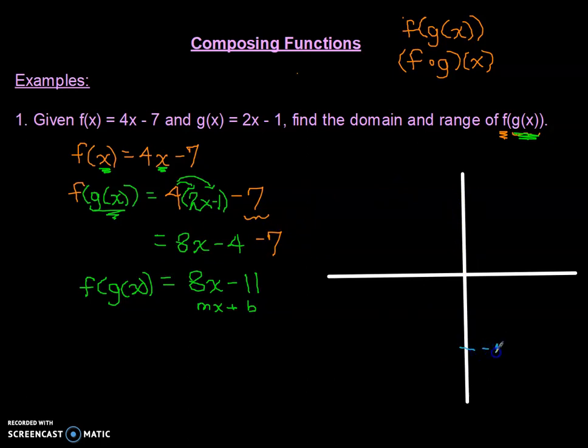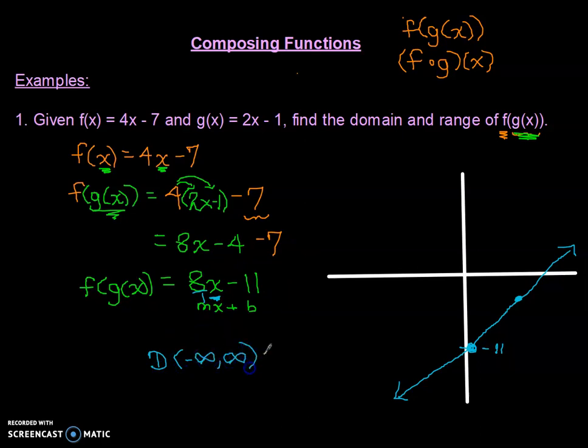Okay, so there's the y-intercept, negative 11. And the slope is 8 over 1, so I'm going to go up 8 over 1. It's just a little sketch, nothing exact here, but this is what the line looks like. And if you see, all the x values are being used. There is not one x value that can't be plugged in here, and it would give me an answer of undefined. So I could plug negative values into x, positive, 0. So the domain would be all real numbers.